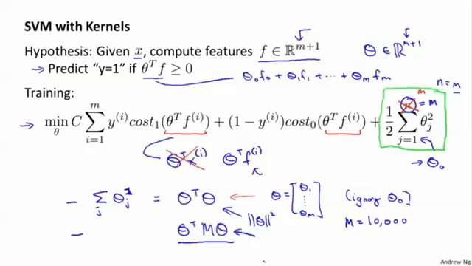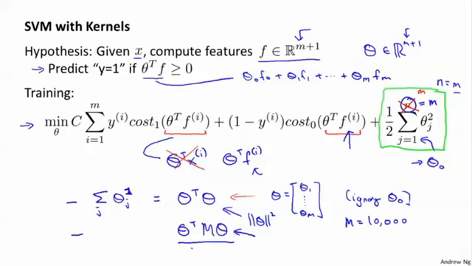And by the way, in case you're wondering why we don't apply the kernels idea to other algorithms as well, like logistic regression, it turns out that you actually can apply the kernels idea and define these sorts of features using landmarks for logistic regression. But the computational tricks that apply for support vector machines don't generalize well to other algorithms like logistic regression, and so using kernels with logistic regression is going to be very slow.